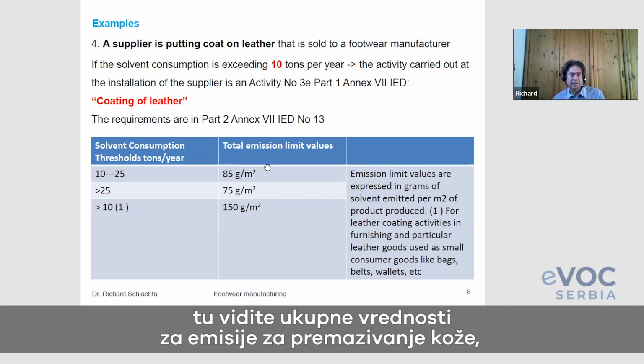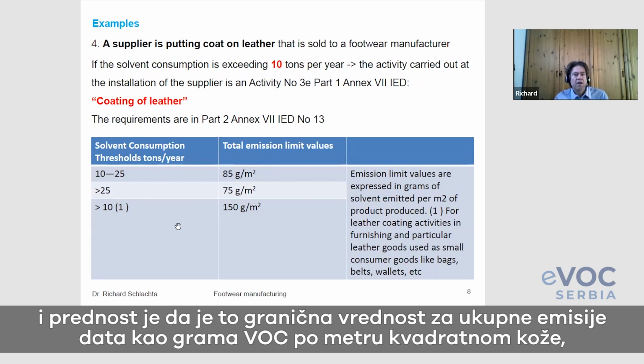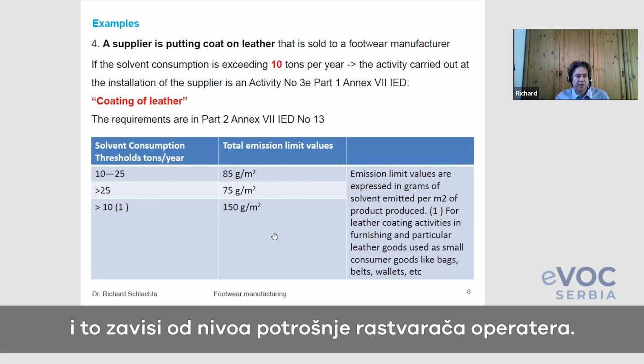There's another activity, and you see here the total emission limit values for the coating of leather. And yes, that's the advantage, the total limit value is referred in gram VOC per square meter. And it's depending on the different solvent consumption that the operator has.